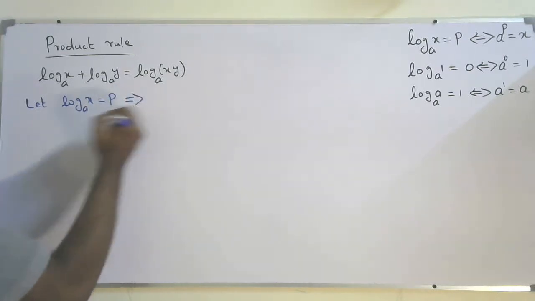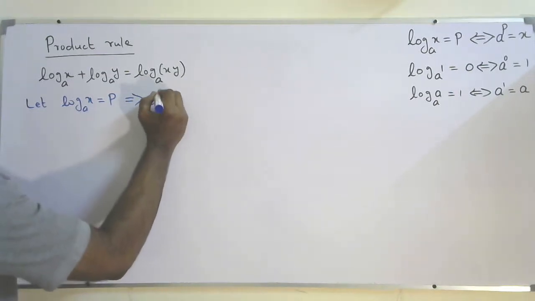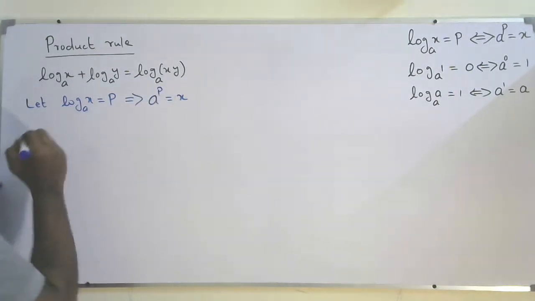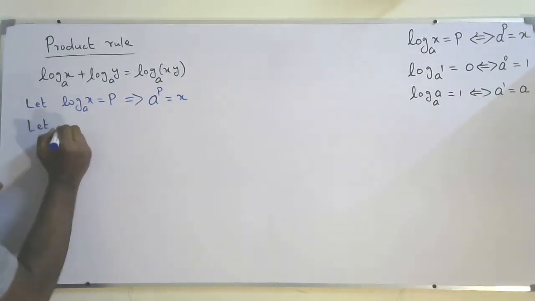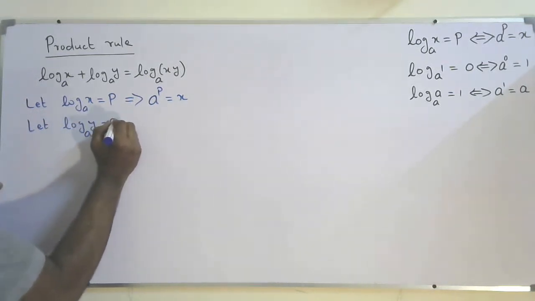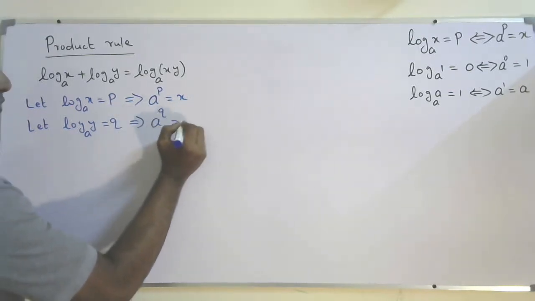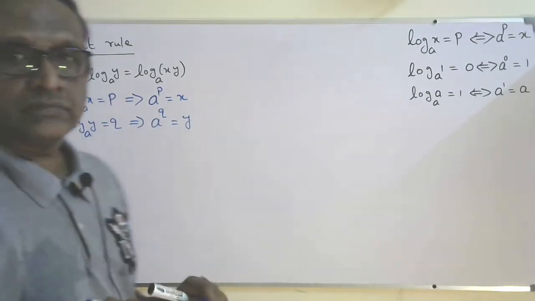From this I can write, according to the definition of logarithm, a to the power p equal to x. Same way, let log a of y equal to q. That means a to the power q equal to y, right?